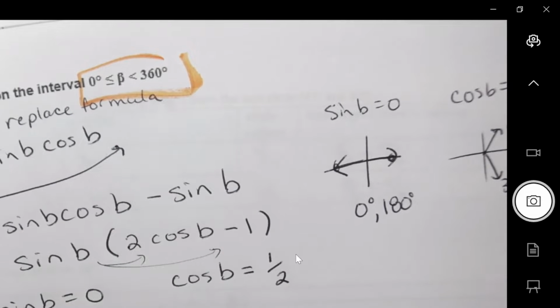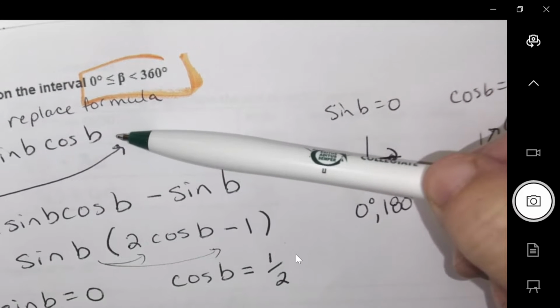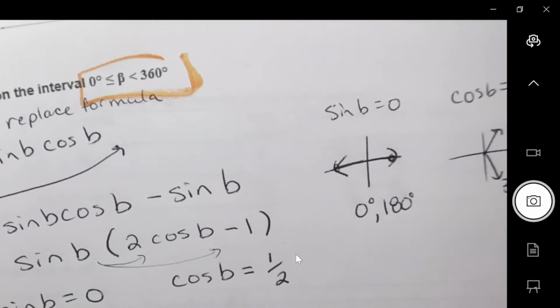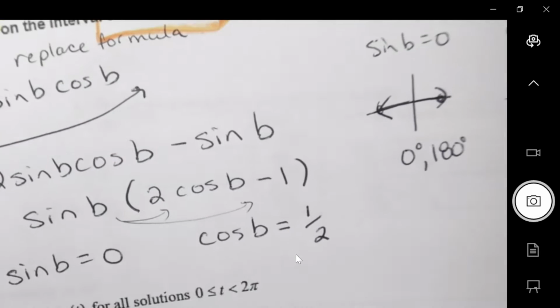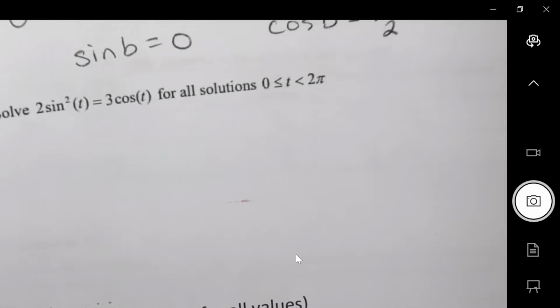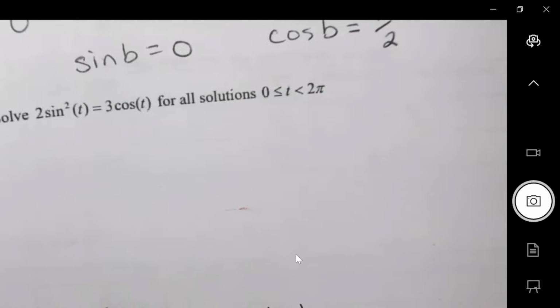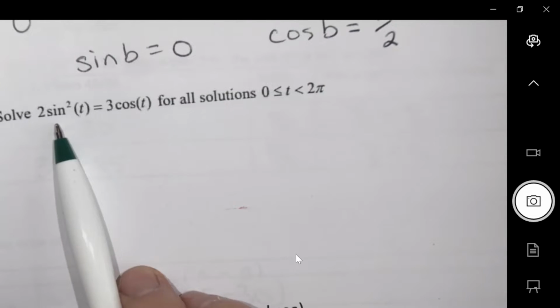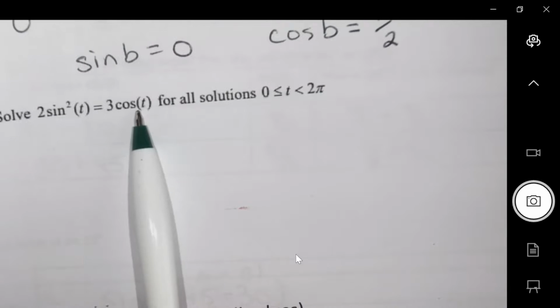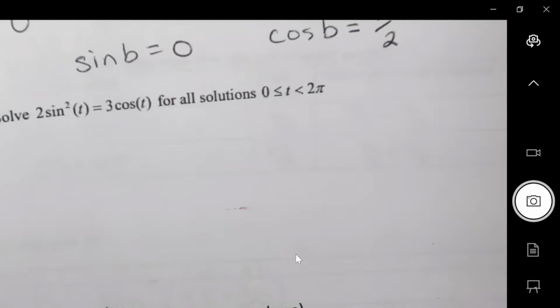Okay, all last unit, except for the first step, was the formula replacement. This is not going to work with sine squareds and coses. Sine squareds and coses mixing into an equation is not good.